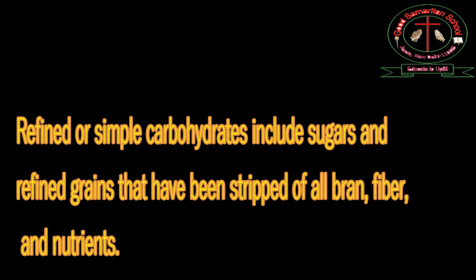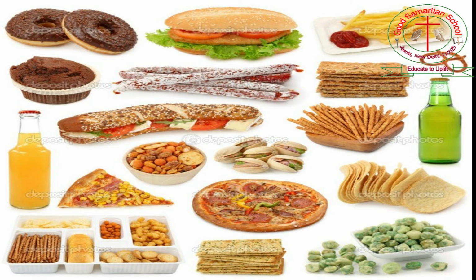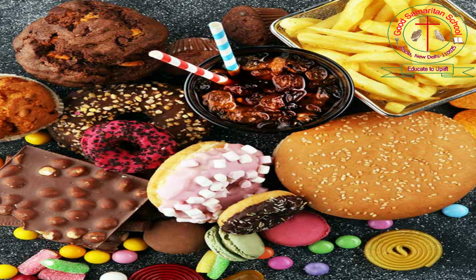Refined carbs are found in food made with white flour like pizza, pasta, white bread, noodles, etc., and sugary beverages and potato chips are also high in refined carbs. Refined sugar is regarded as a refined carbohydrate. Therefore, ice cream, cookies, cake, and donuts are the most typical refined carb sources.